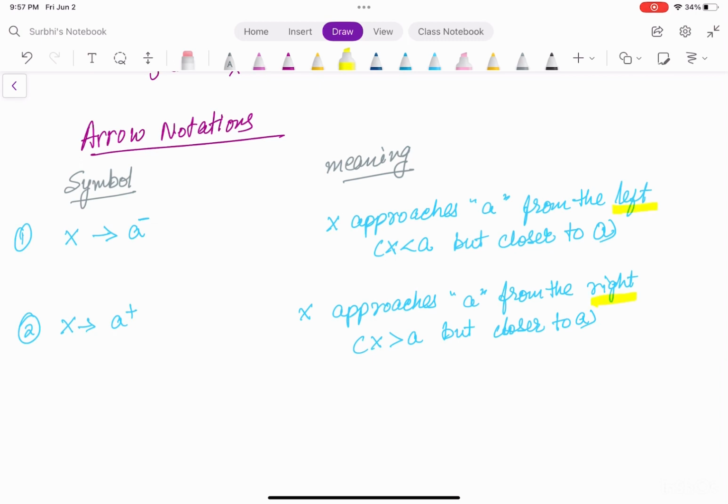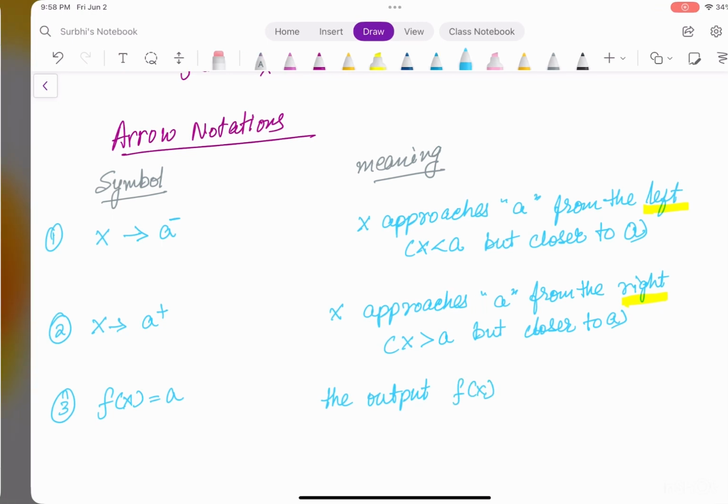We can extend this understanding further and remember how the number line works, right and left. So if I say f of x arrow a, what we are looking at is the output. f of x is the output.